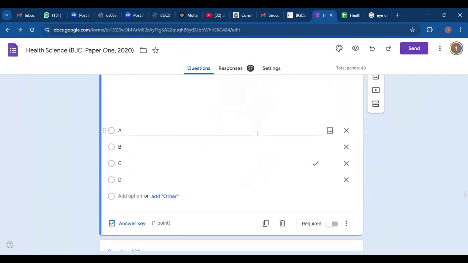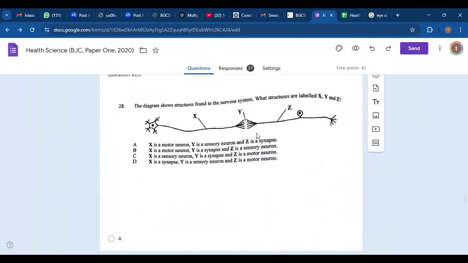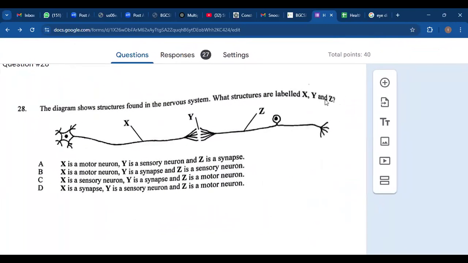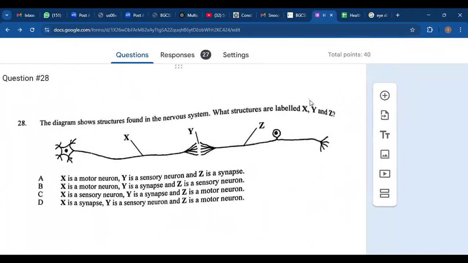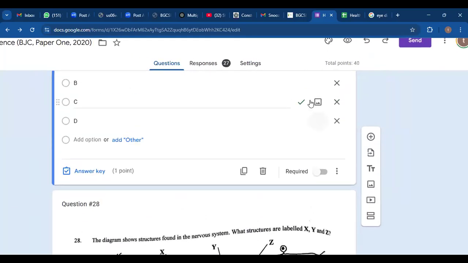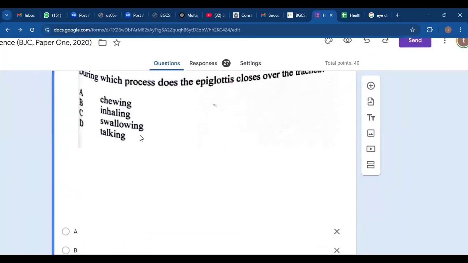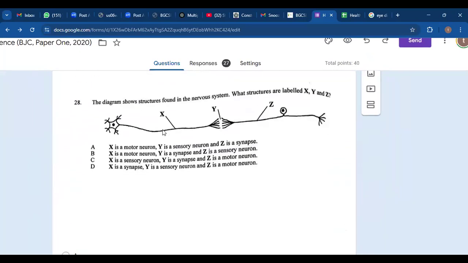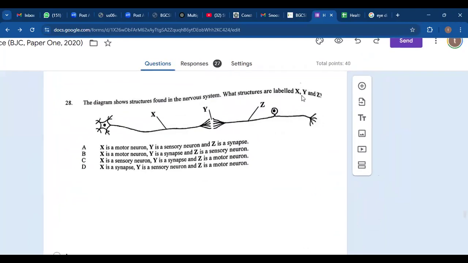Okay, next one. Number 28. The diagram shows the structures found in the nervous system. Which structures are labeled X, Y, and Z?